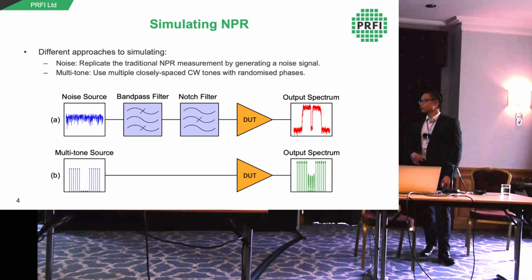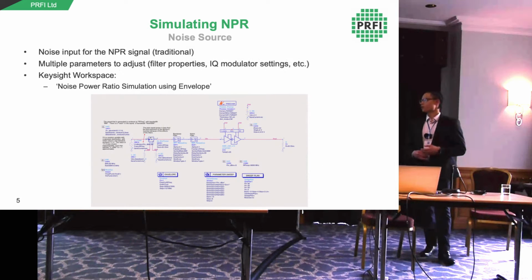So for the first method, we generate a noise signal. The schematic shown is adapted from a Keysight example, noise power ratio simulation using envelope. The noise signal is generated with a voltage source and an IQ modulator, and then this is passed through separate band pass and band stop filters to create the band-limited signal and create the notch as well.